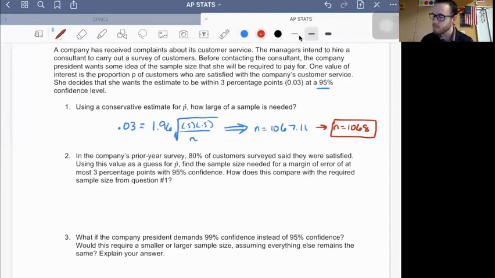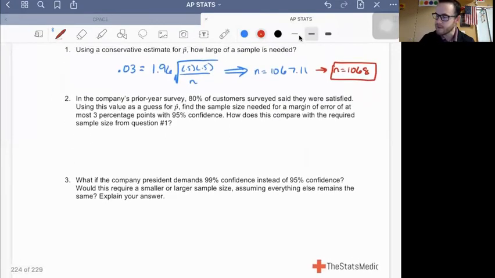Number 2 says, in the company's prior year survey, 80% of customers surveyed said that they were satisfied. Using this value as a guess for p-hat, find the sample size needed for a margin of error of at most 3% with 95% confidence. How does this compare with the required sample size for question 1? So again, 3% error, 95% confidence level, so that's our z-star.